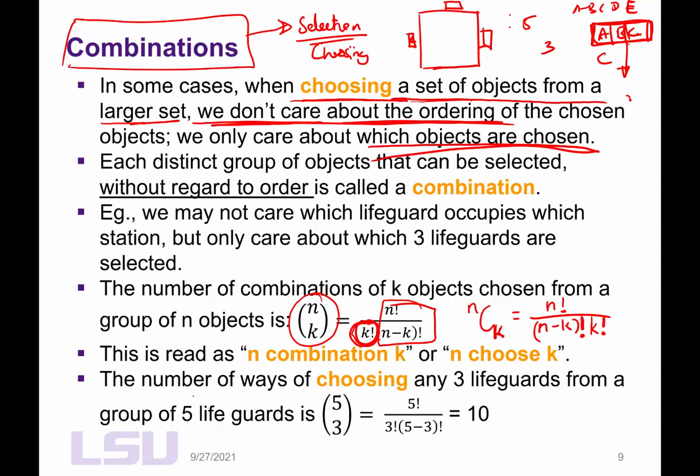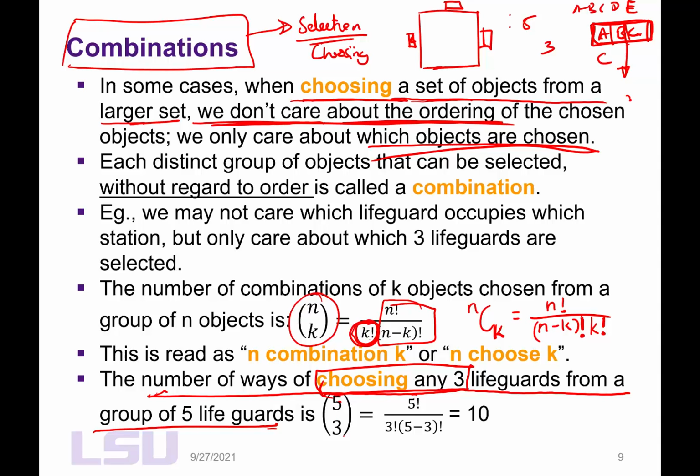So this is what the question will look like. Find the number of ways of choosing any 3 lifeguards from a group of 5 lifeguards. Pay attention to this. It's just choice of any 3 lifeguards. There is no conversation about the order. So that is combination. So number of ways of choosing any 3 lifeguards from a group of 5 lifeguards is just 5 choose 3, 5 combination 3.